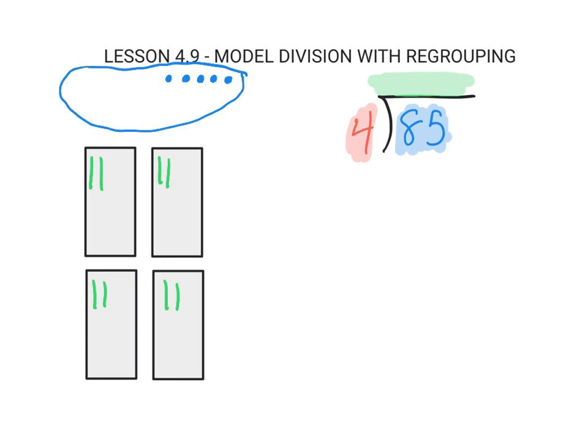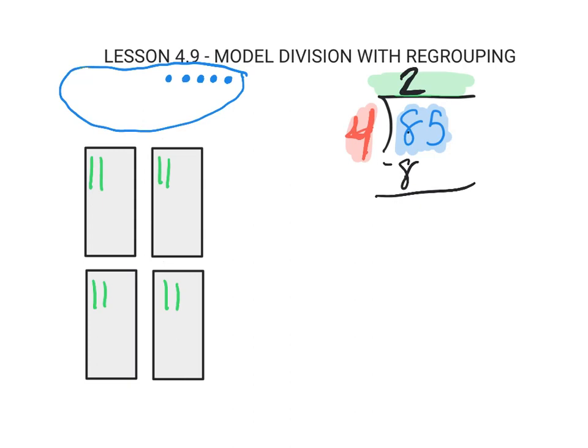I'm going to draw it here: 2 tens in each group. Now, how many total tens did we use? Correct. We used all 8 of them, which is nothing more than 2 times 4 gives me 8. Awesome.